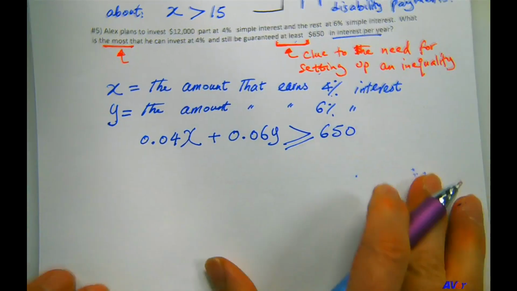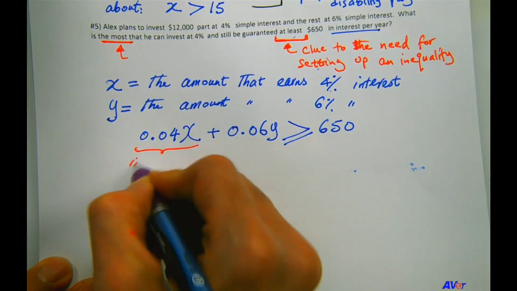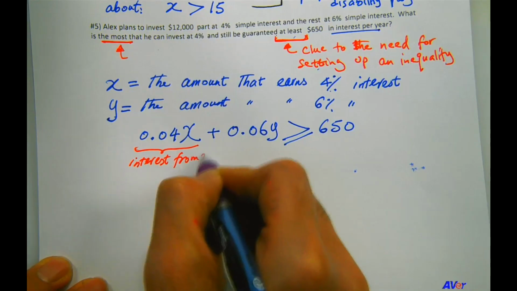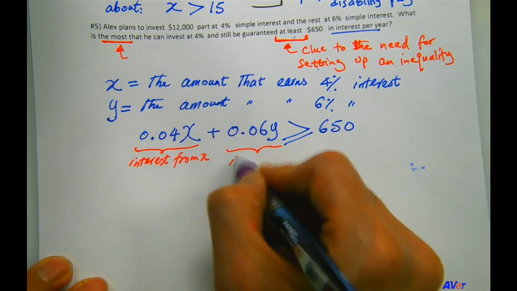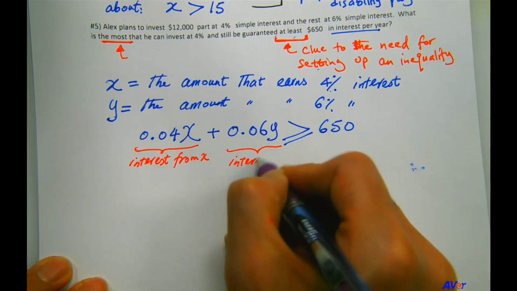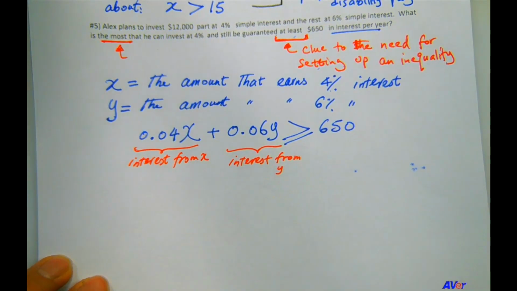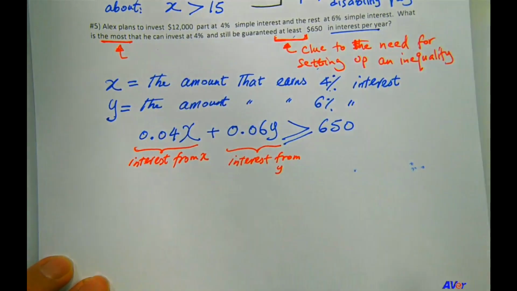So let me make this clear that this is interest from X, or account X, and interest from Y, right? We want this interest from both accounts to be at least 650.